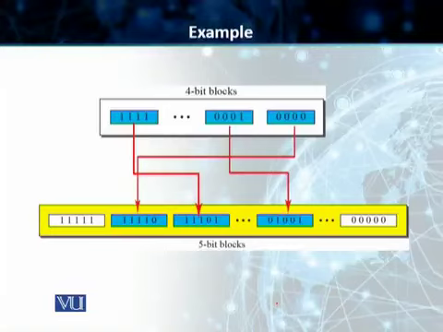For Manchester, we saw that we need a higher bandwidth, 1 megahertz, but it does not have the DC component problem. So the choice is yours, depending upon whether you want to do a dedicated line communication or whether you want to remove the DC component because you have got a long distance communication. You can choose either one of NRZ-I or Manchester with the block coding, and that will solve your synchronization as well as your DC component problems.